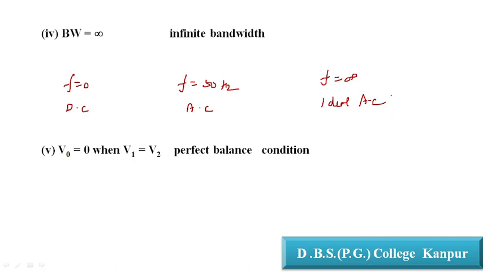that is impossible in the world. No device can work from 0 to infinite frequency. A transistor works up to 1 or 2 megahertz, and a field effect transistor works up to 5 megahertz.